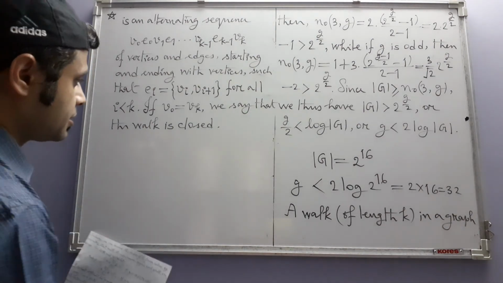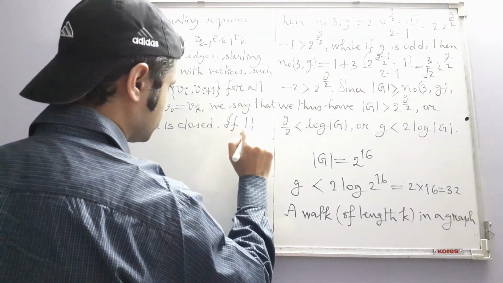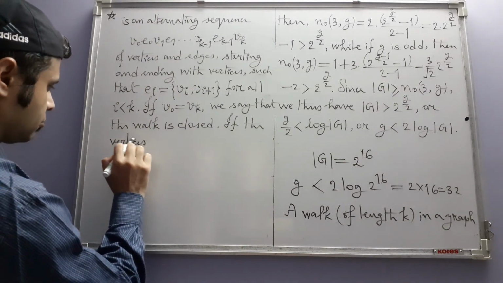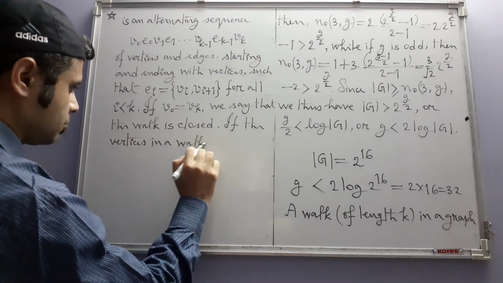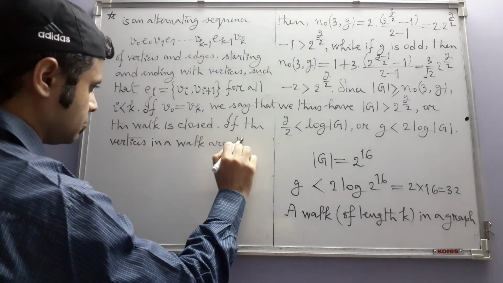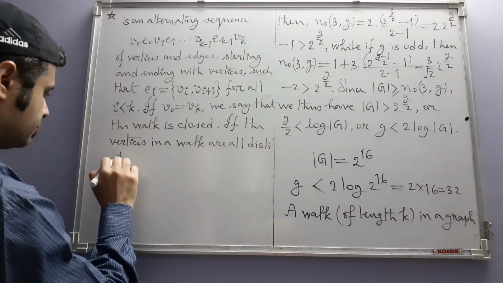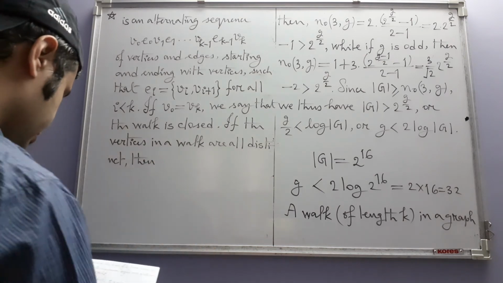If the vertices in a walk are all distinct, then there is naturally a path.